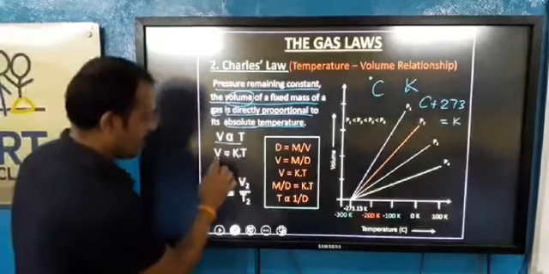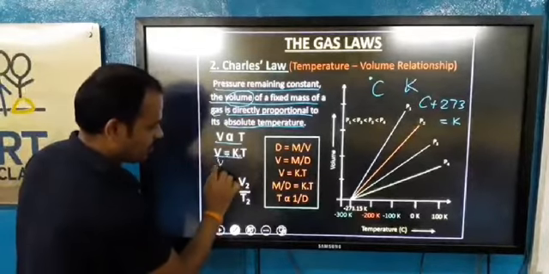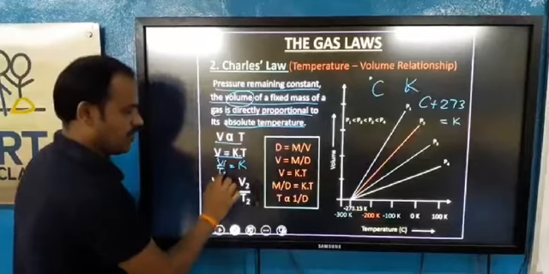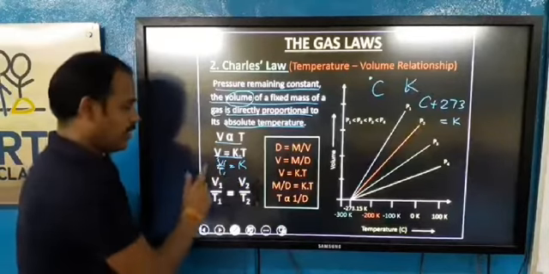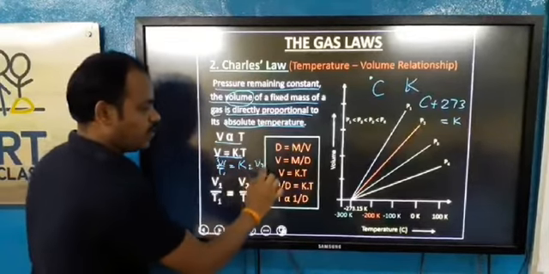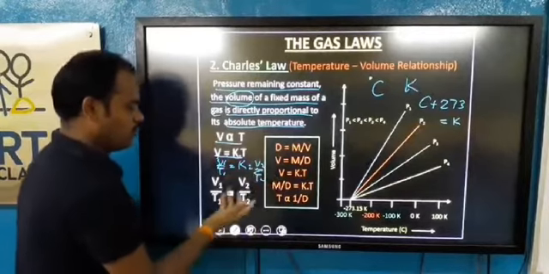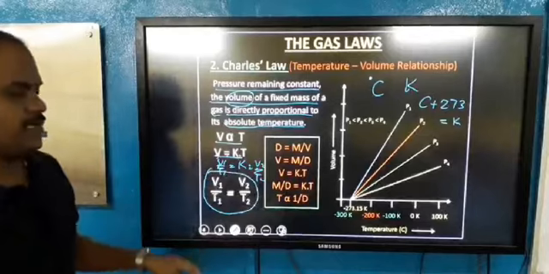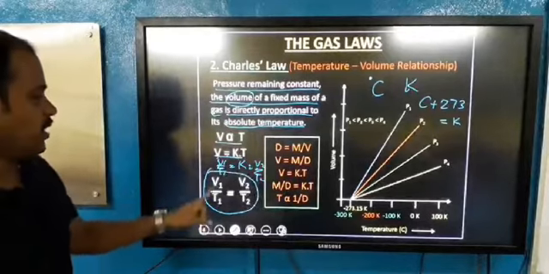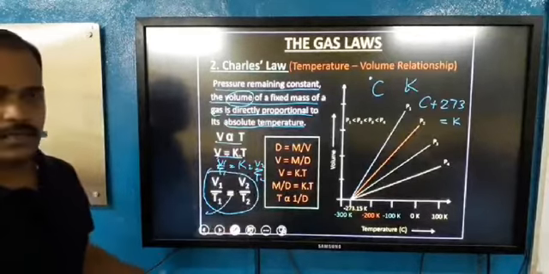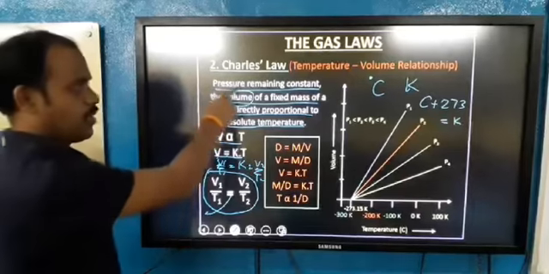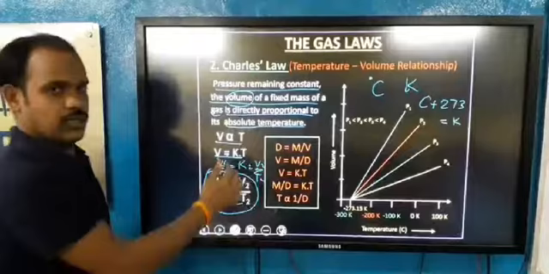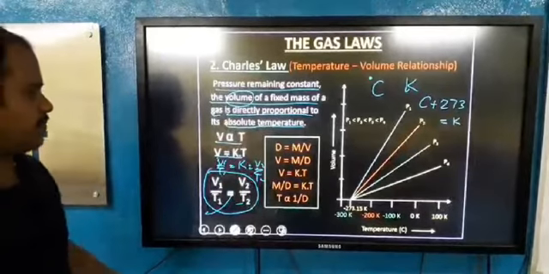So it's a simple relation from this equation, V by T is equal to K. K is a constant. V1 by T1 is equal to K, and K will be equal to V2 by T2. So simple relation, V1 by T1 is equal to V2 by T2. Remember, note down this relation. This is a law, mathematical expression, and the relation for our calculation.